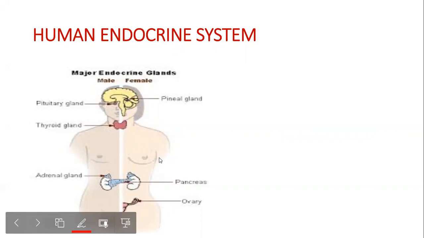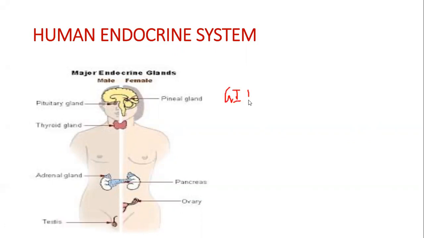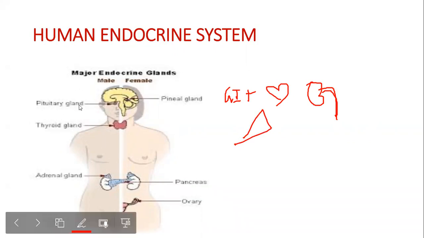In addition to these, some other organs like the GIT (gastrointestinal tract), liver, kidneys, and heart also produce hormones. Now we'll talk about each gland in detail.